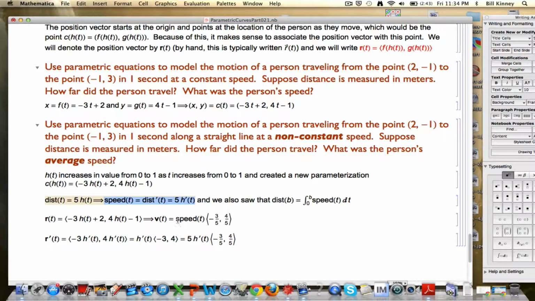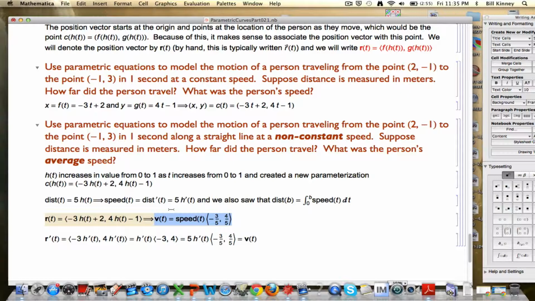If you do that comparison, since the speed of t is 5h prime of t, these two vectors are the same. This equals the velocity vector. It's true in this example. Based on how we've thought about it, we really defined the velocity vector in this way, in this example, and then you're trusting me that I can differentiate the position vector in this way and do this algebra. We verified that it equals this velocity vector that we defined.